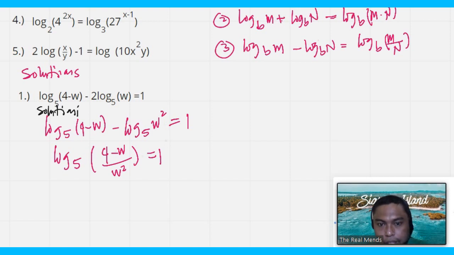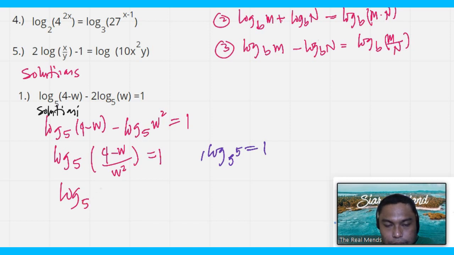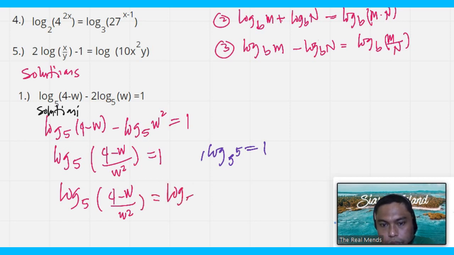And then for the right side, we aim that it must be the same with the base of 5. We all know that log base 5 of 5 is just equal to 1. So therefore, I can rewrite this as log base 5 of (4 minus w) over w squared is just equal to log base 5 of 5.